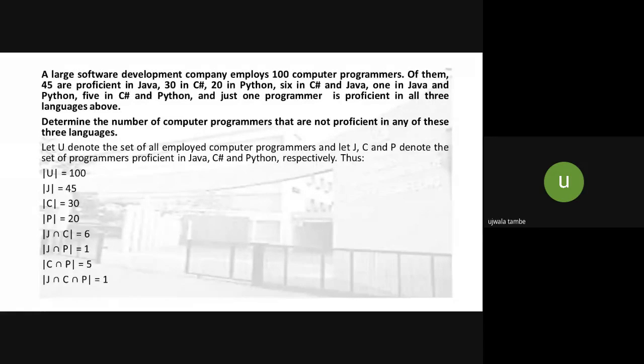For this example, we have to find J union C union P. So first find J union C union P, which is 84.